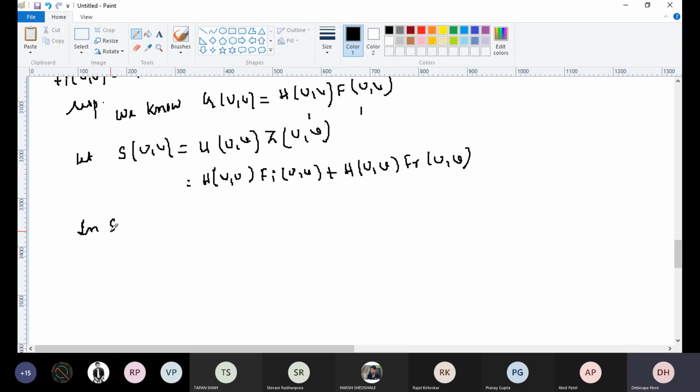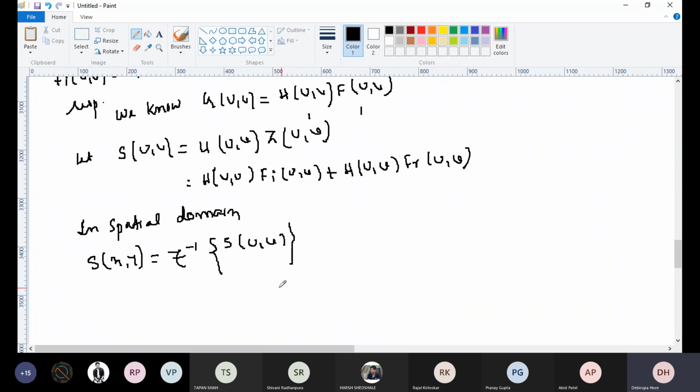Therefore, in spatial domain, s of x comma y will give you the Fourier inverse of s of uv. Therefore, Fourier inverse of h of uv F of I uv plus h of uv F of r uv.